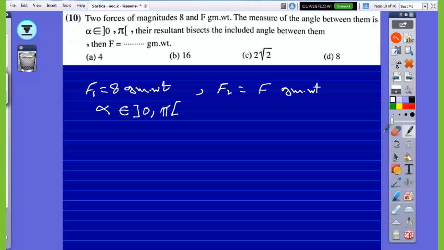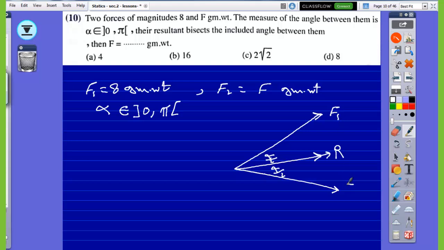So if we have here the two forces, F1 and F2, and the resultant bisects the angle between them, so we have alpha over 2 and the other alpha over 2. Here we have R, F1, F2.